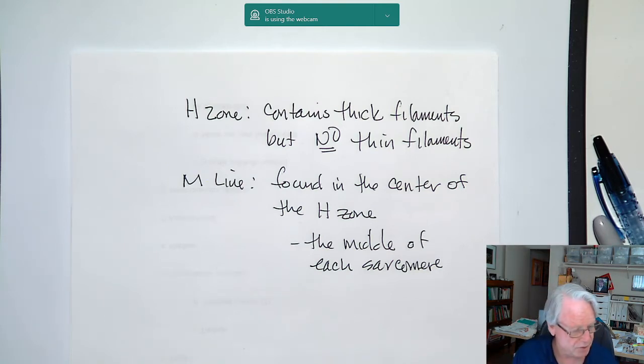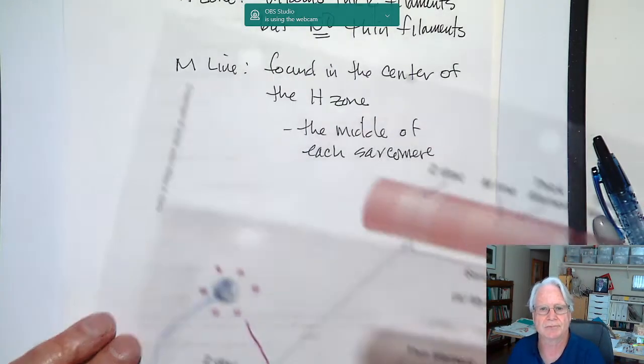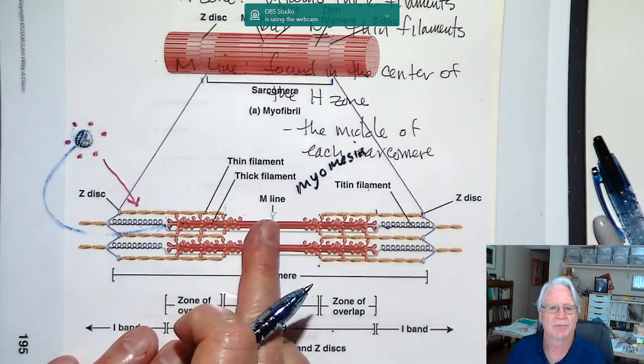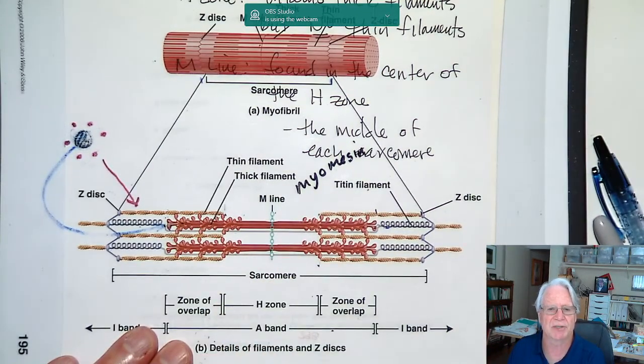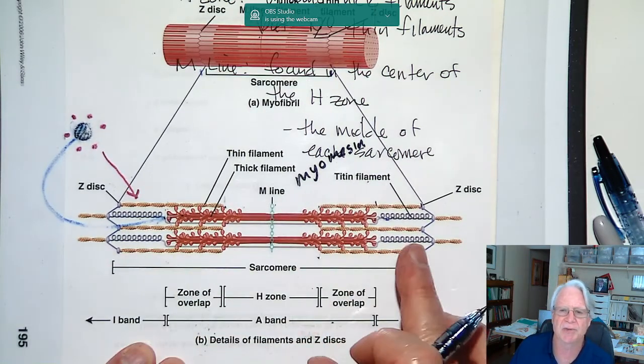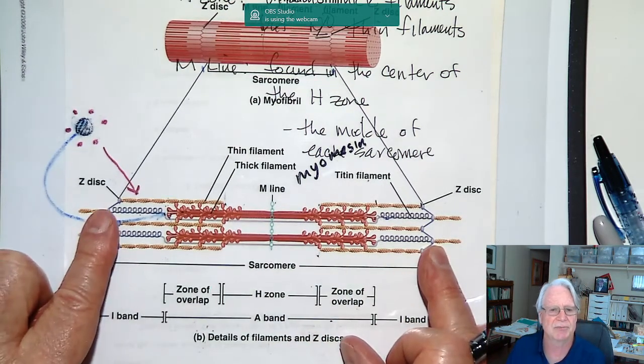All right, let's go ahead and come back and look at the image. M line, center of the sarcomere, dead center of the sarcomere. So we've identified the sarcomere as between the two Z discs.